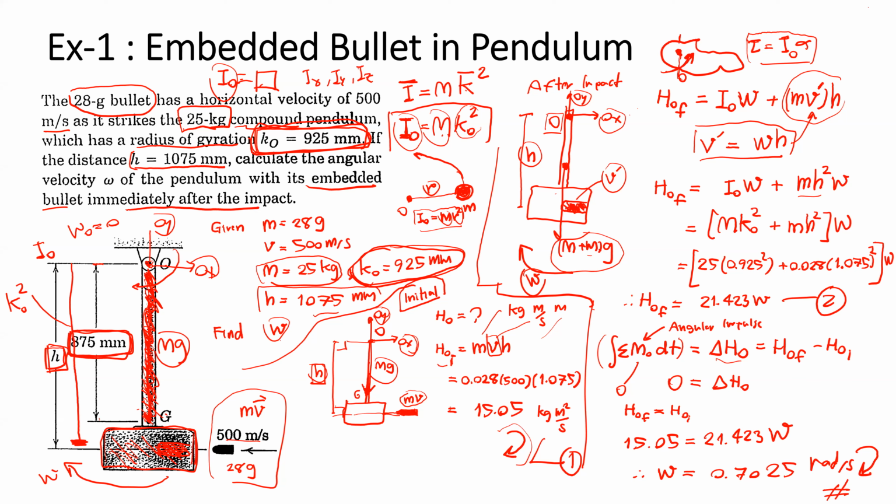Is it clear? So it is like a general value that's used with I equal to m r squared to simplify the calculation, right? Yes. So if you know the mass m and the radius of gyration k, you can compute I by m k squared.